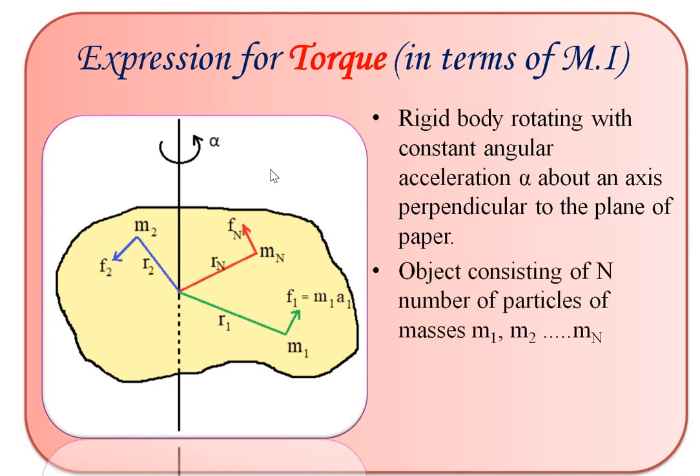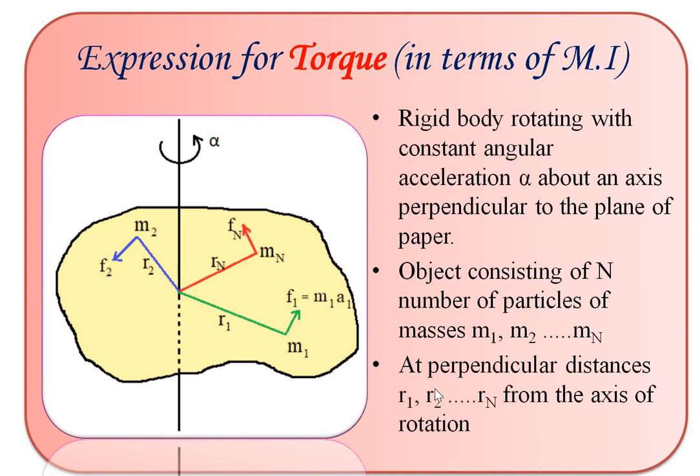Here also the object consists of n number of particles, the first particle having mass m1, the second particle mass m2, and up to the last particle mass mn, at perpendicular distances R1, R2 up to Rn from the axis of rotation.